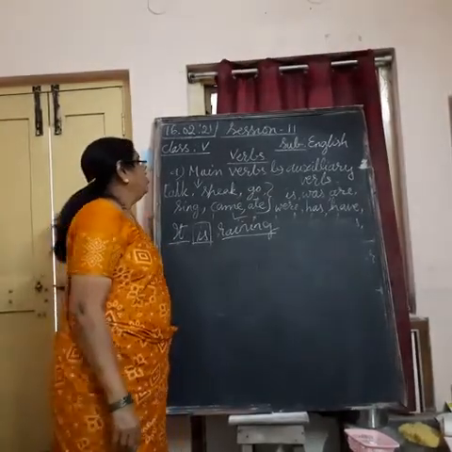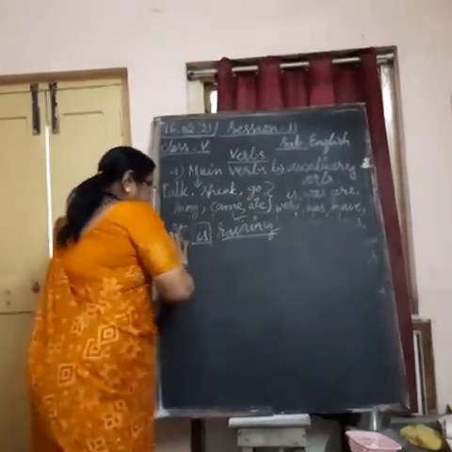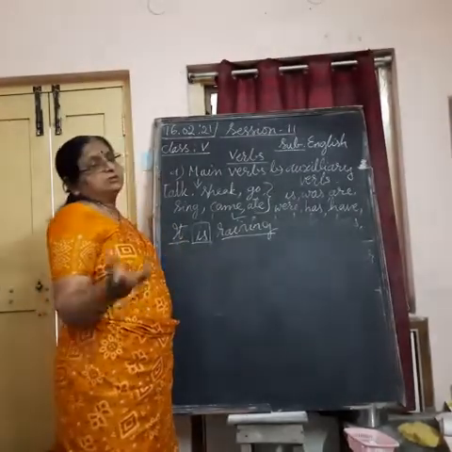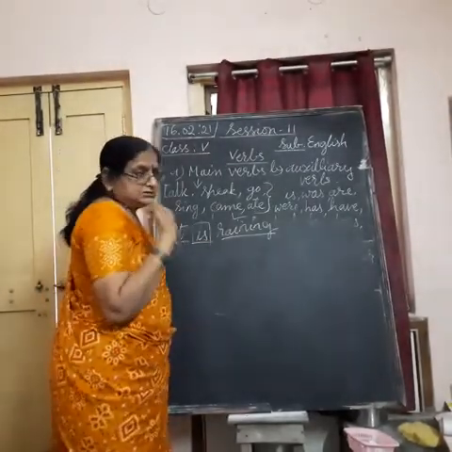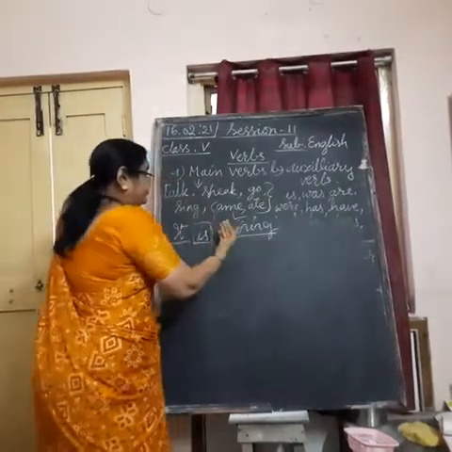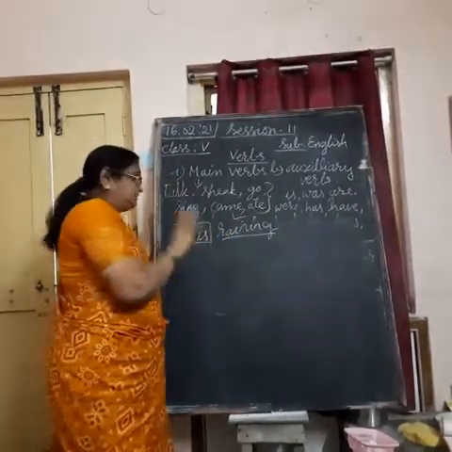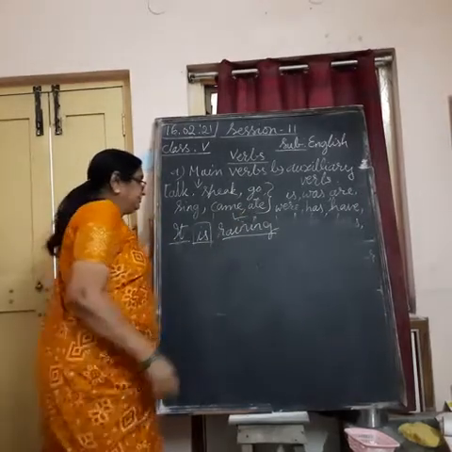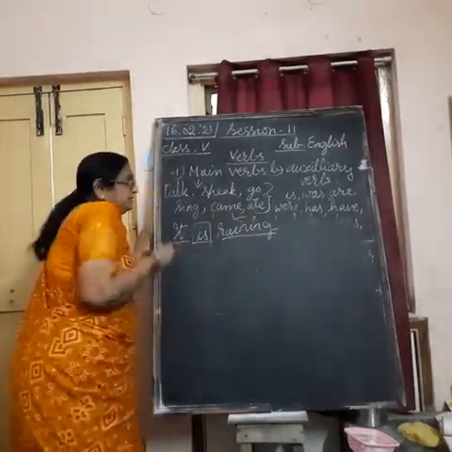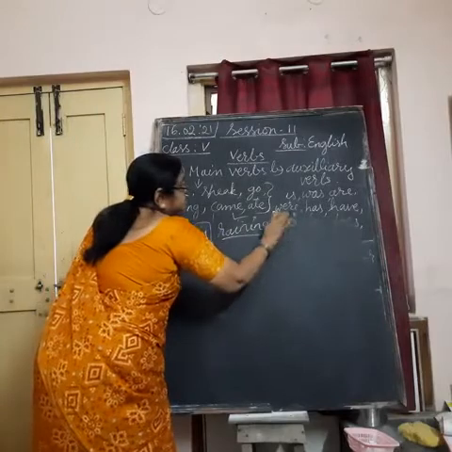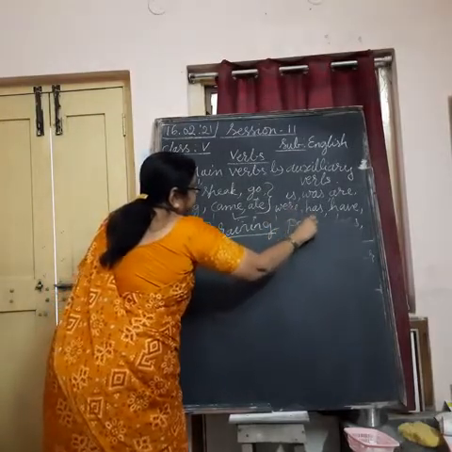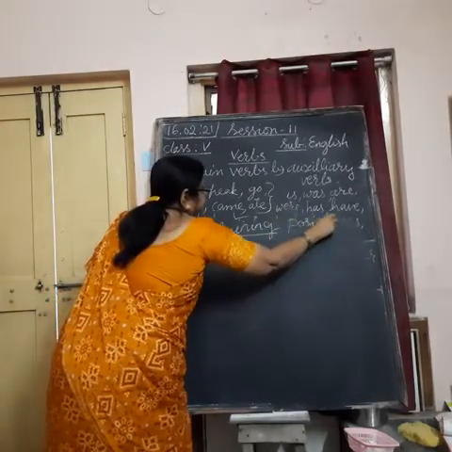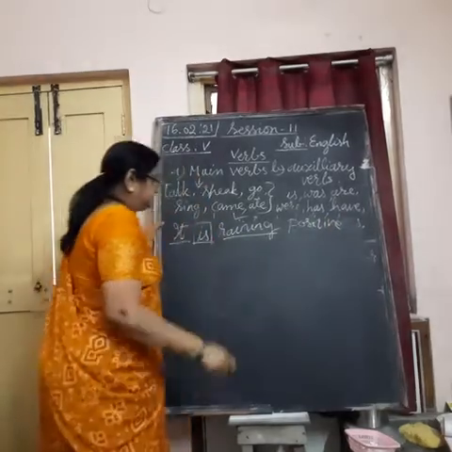This is how we have to know when to use the auxiliary in the sentence. Auxiliary is always used before the main verb. First the auxiliary verb comes, then comes the main verb. And this is a positive sentence.